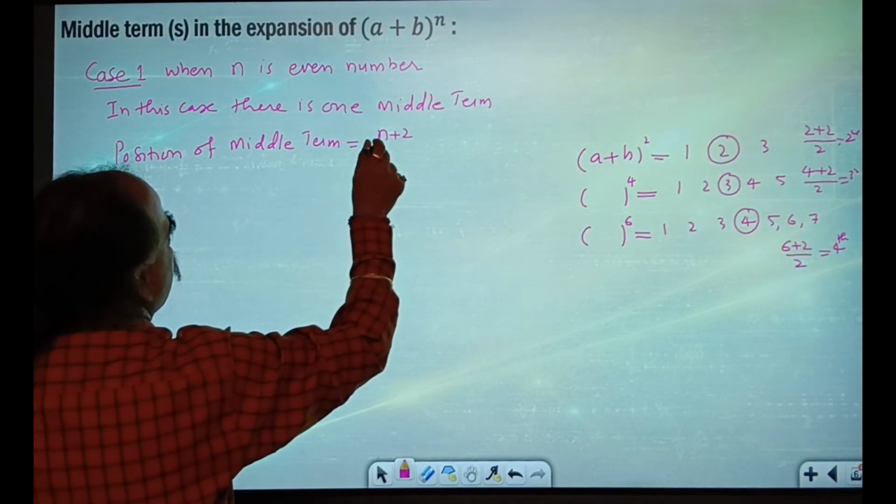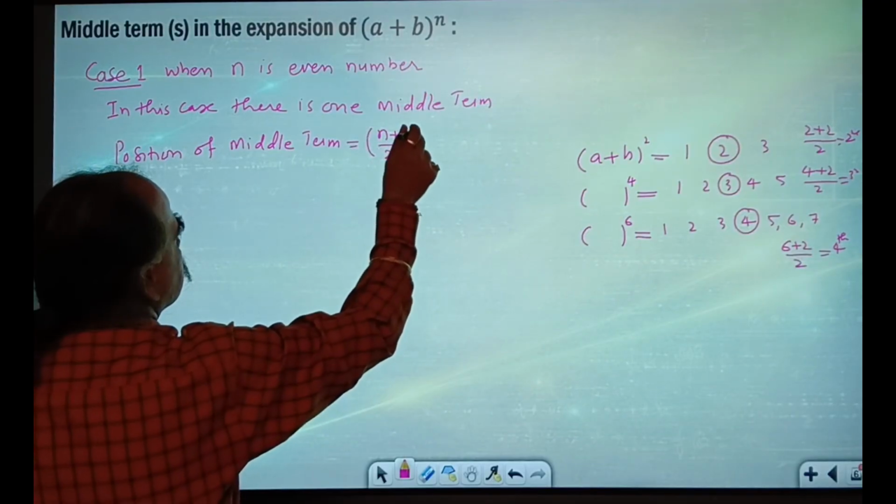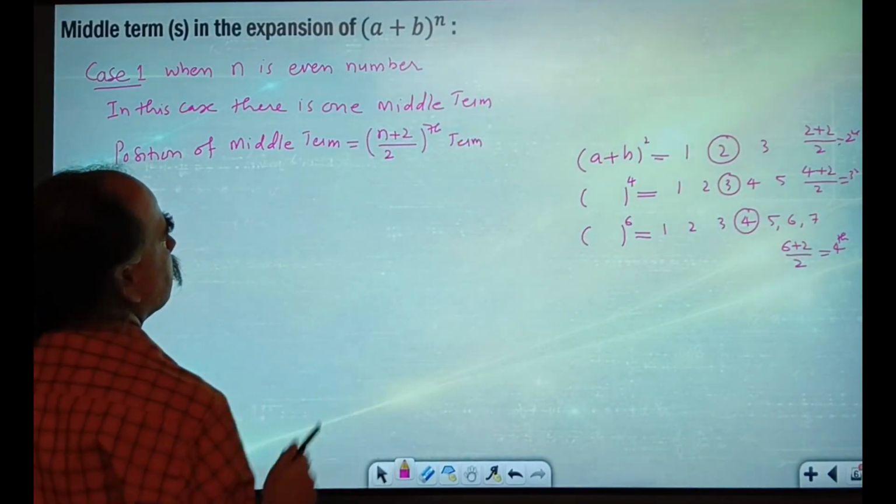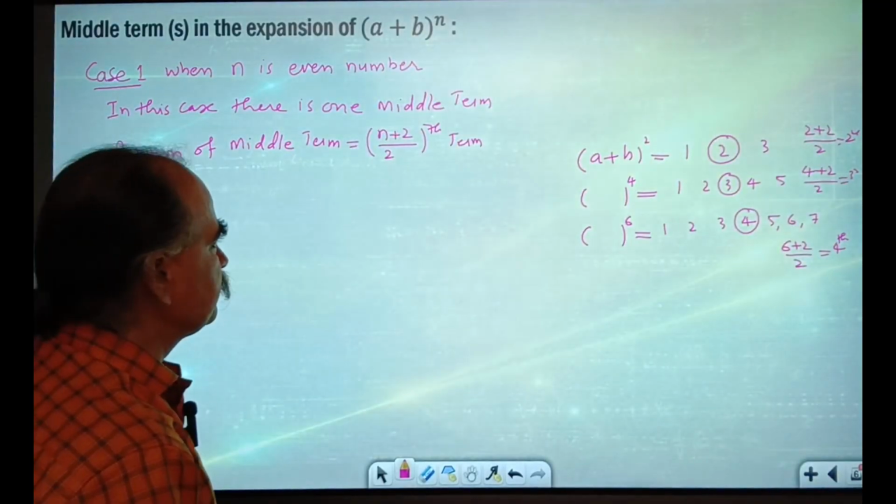In power you add 2 upon 2th term. 10 plus 2 upon 2th term is what? Middle term.